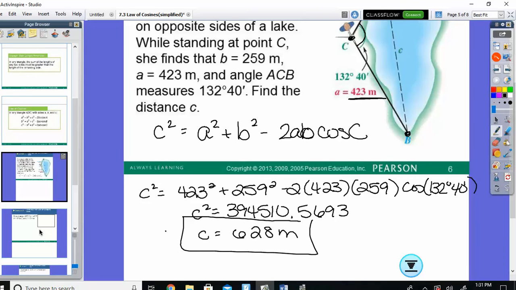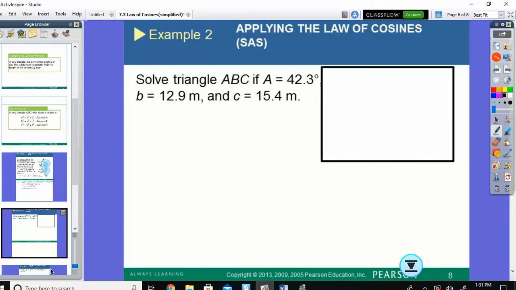Let's get another one. So this time I'm having you solve the triangle. That means find everything. So we have triangle ABC. Angle A 42.3 degrees. Side B 12.9.